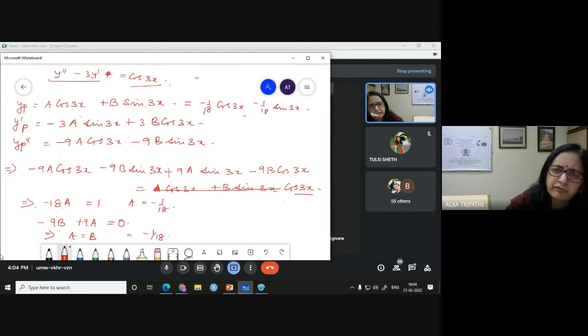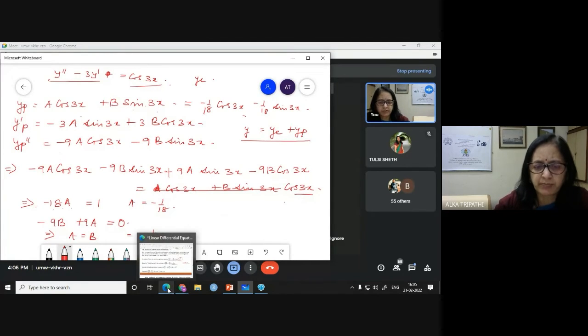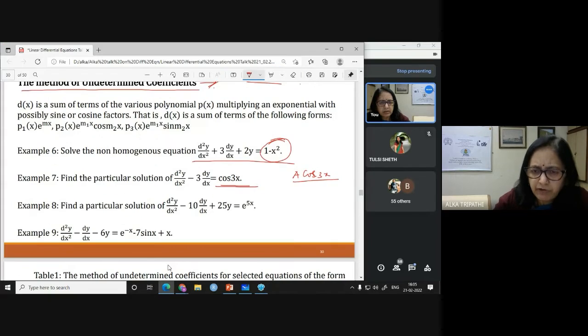Find the value of yc also. Your final answer will be y equal to yc plus yp. Now I am considering a different case, or what should be my assumption of yp. Suppose I have an equation in which the right side is e to the power 5x, and the equation is y double dash minus 10y dash plus 25y.